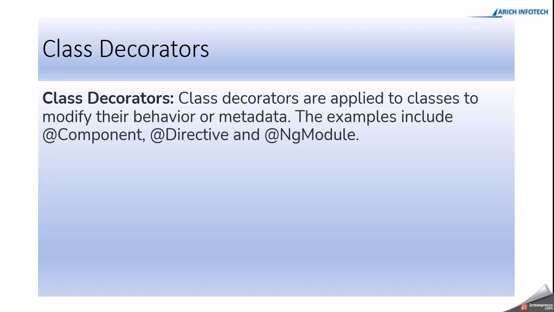Like, I think you remember @Controller, that is class based. @RestController is class based. @Service is class based. @Component, @Repository, these are class decorators. We can declare them only on a class, we cannot declare them on methods. @Configuration is class based, but @Bean is a method based decorator.